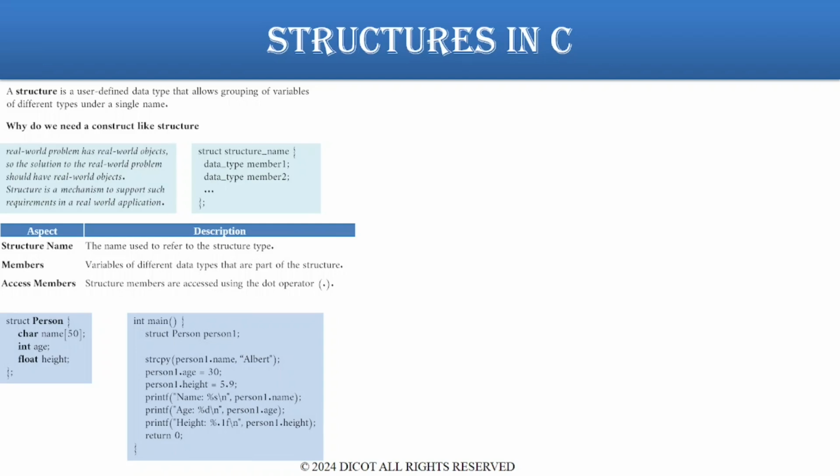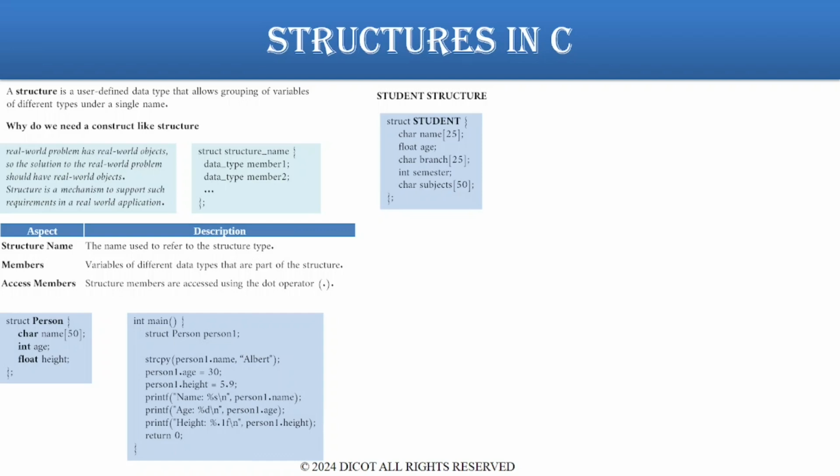To get a clearer picture, let's consider a few example structures that could be employed in real-world scenarios. Let's first take a student structure. The student structure is for an application that manages student info for a particular institute.